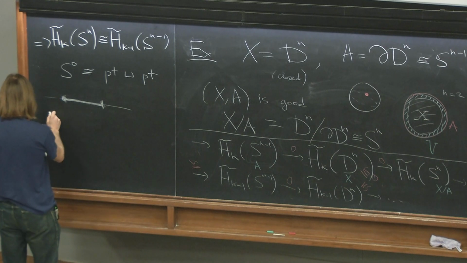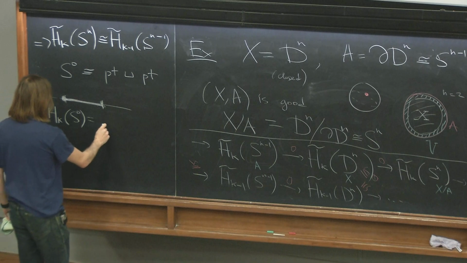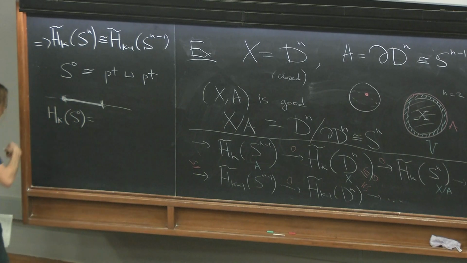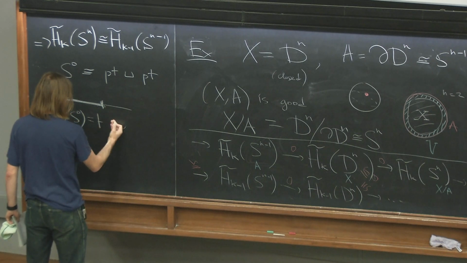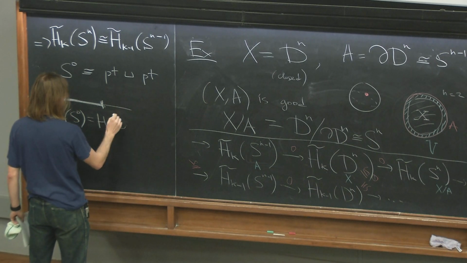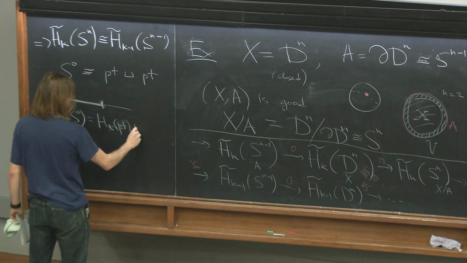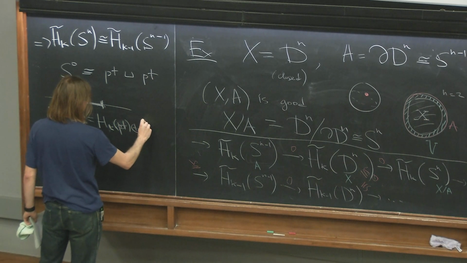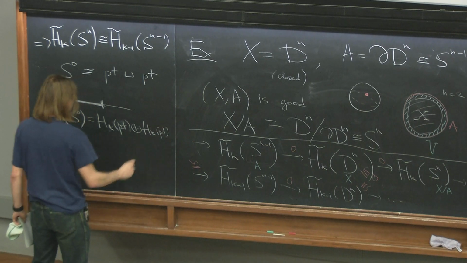Okay, and well, we know then the homology group of S^0. It's a disjoint union of two spaces, so it's a direct sum of homology groups: H_k of a point plus H_k of a point.